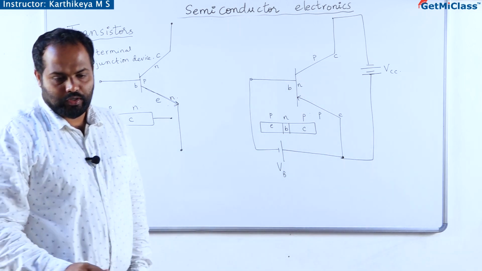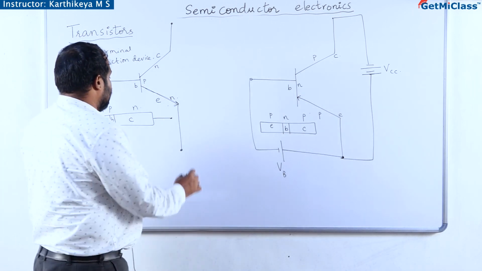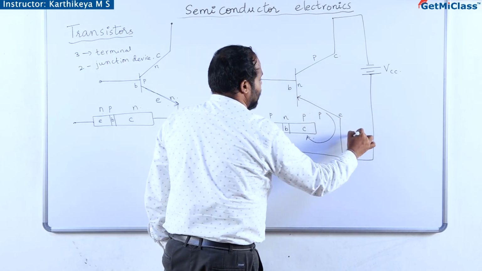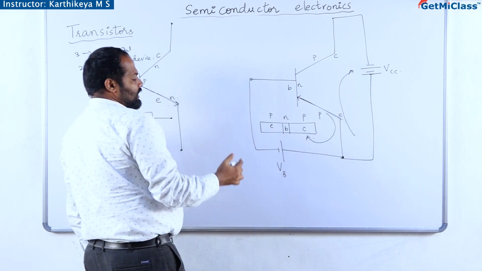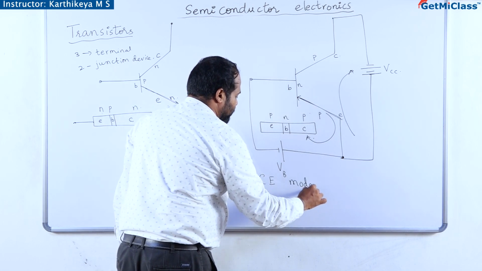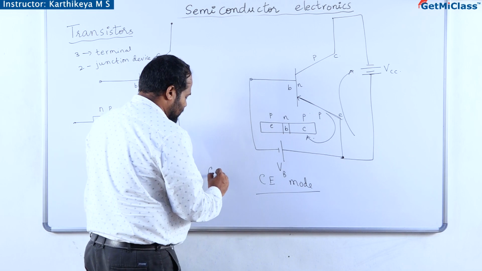If you observe here, the input loop has emitter in common, and the output loop has emitter in common. Such a mode is called the CE mode of operation of a transistor, that is nothing but common emitter mode.